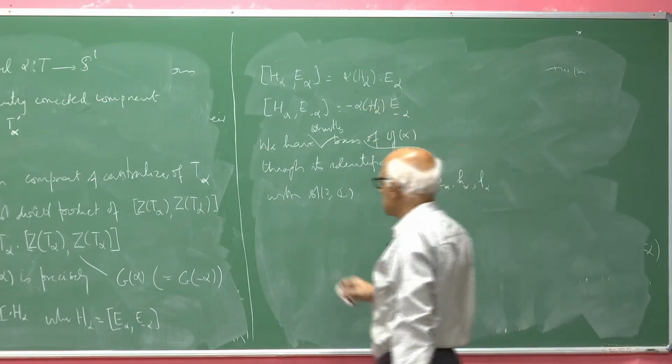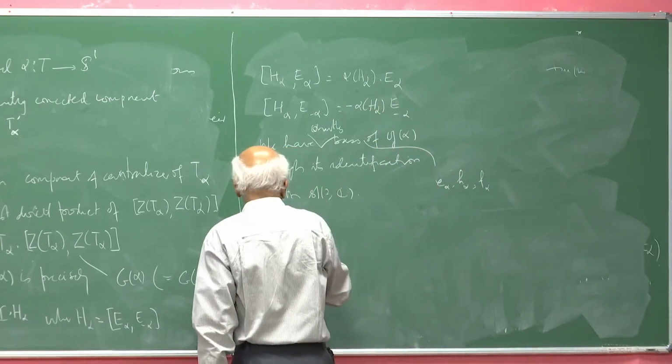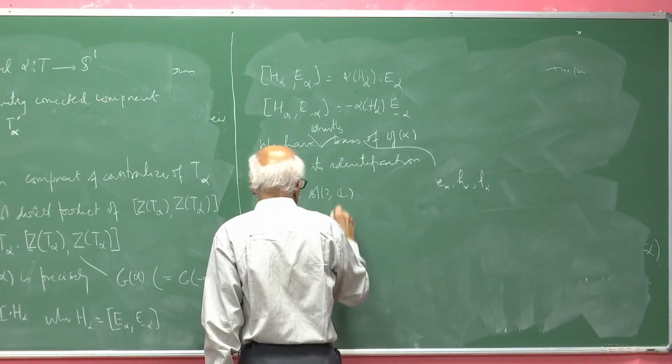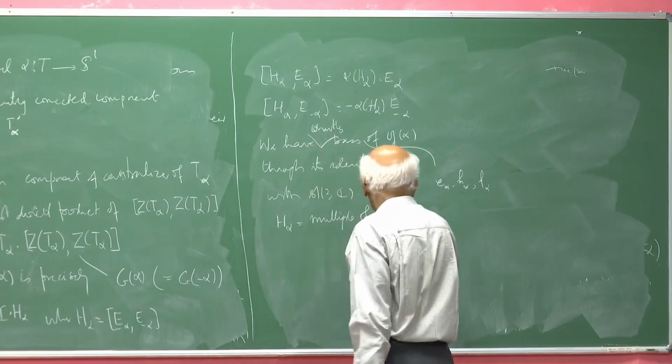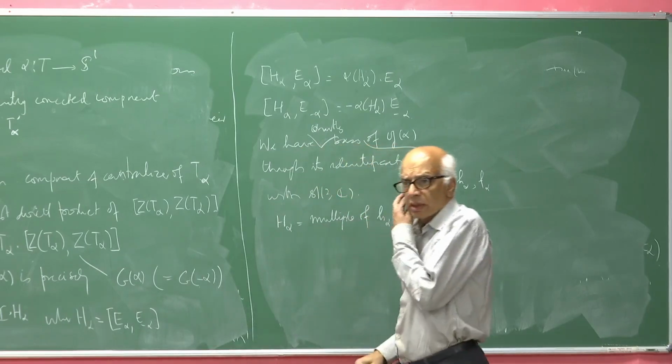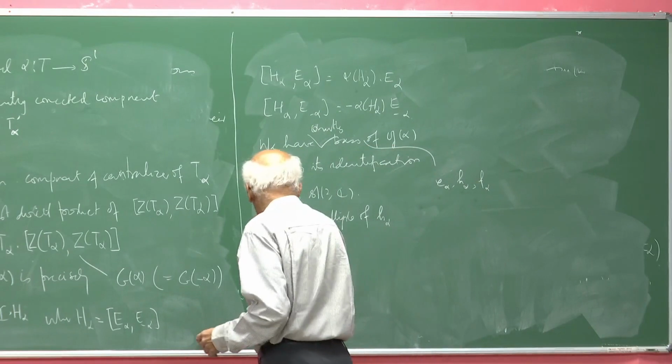So what happens is H alpha will be a multiple of capital H alpha. Now this implies immediately the following.